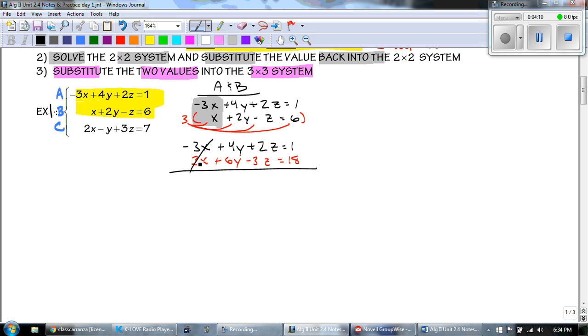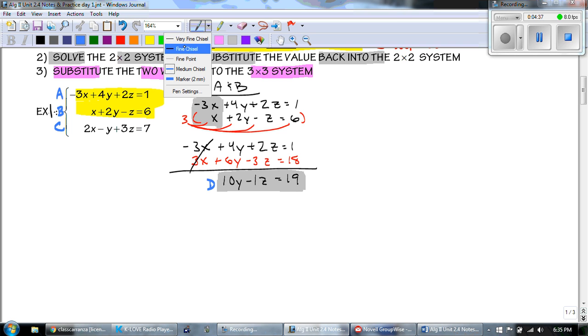And what we do is we cancel the x's, which is what we wanted. Now we have 10y. 2 minus 3 would be negative 1z equals 19. Okay? And this is one of our 2x2s. Okay? And since that's one of our 2x2s, I'm going to call this D.